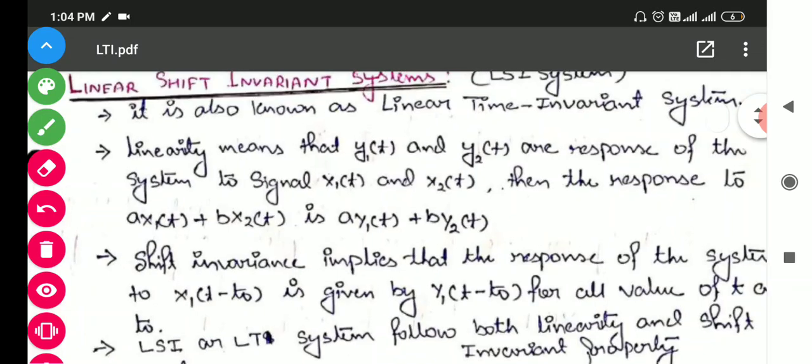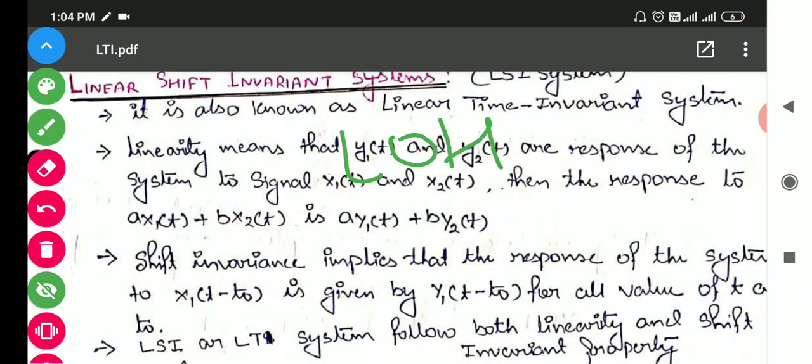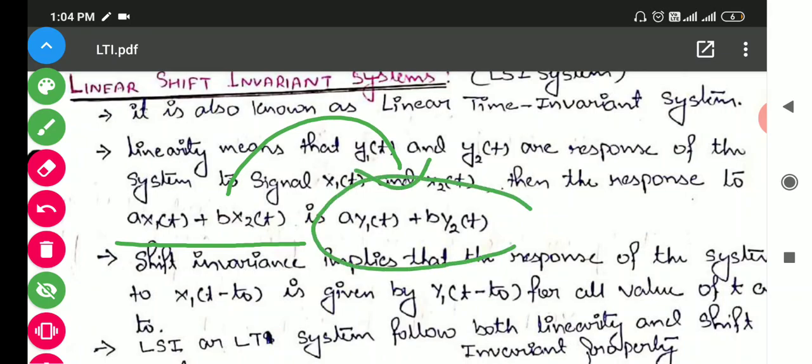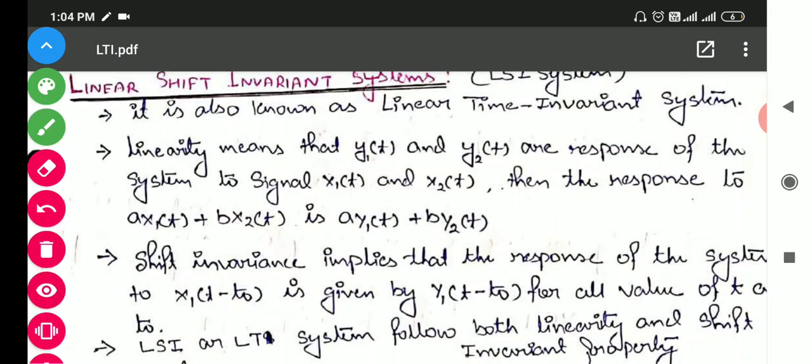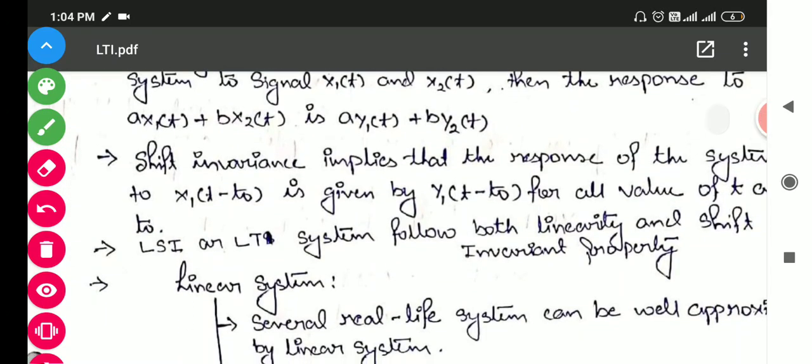Linearity means a system is linear when it follows two properties or principles: the law of homogeneity plus the law of additivity. Here, when the input a x1(t) plus b x2(t) is applied to the system, the response should be a y1(t) plus b y2(t). The next property of an LTI or LSI system is shift invariance.